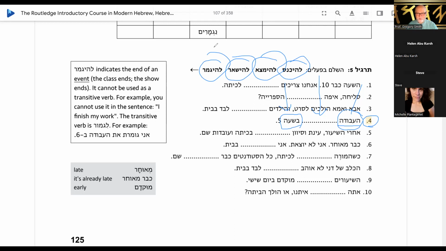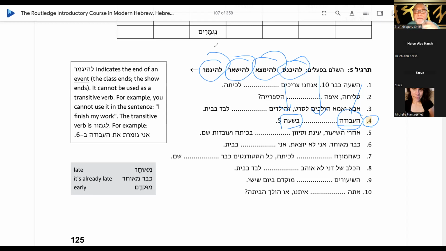Let's try this next one. Lahimatse. Okay, get that hey in there. Okay, what do we got? Oh, we need an aleph. That's what we need.